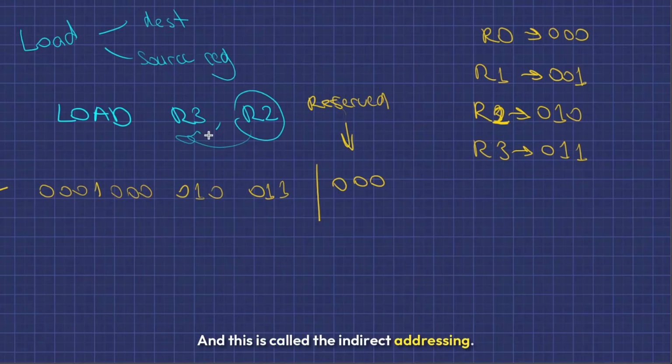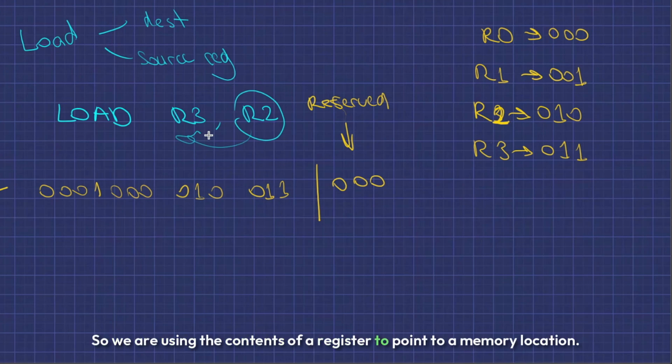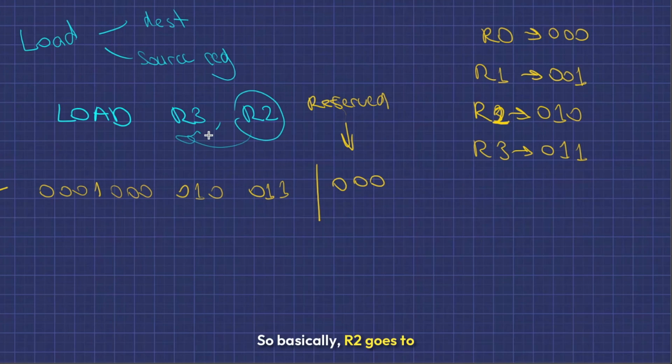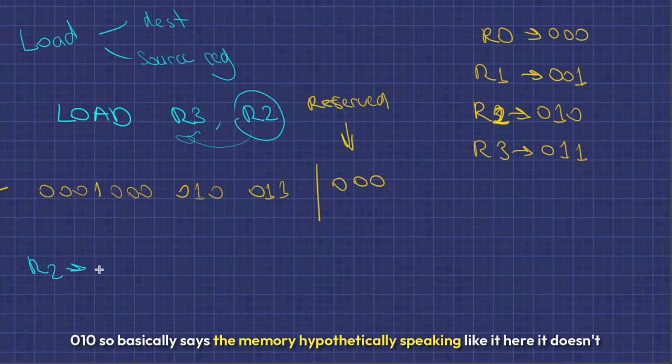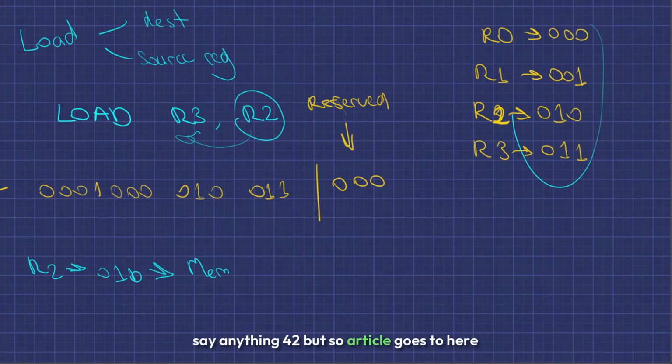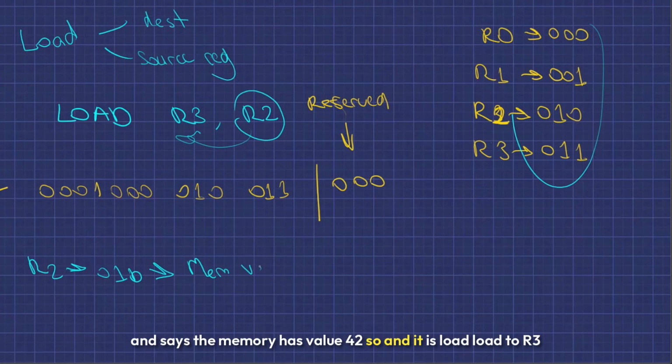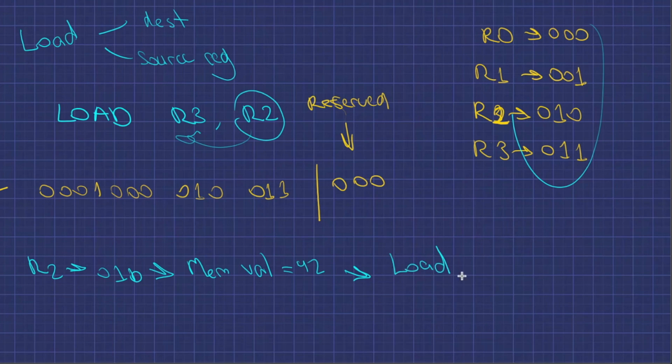This is called indirect addressing. So we are using the contents of a register to point to a memory location. Hypothetically speaking, R2 goes to the memory, which has the value 42, and it is loaded to R3.